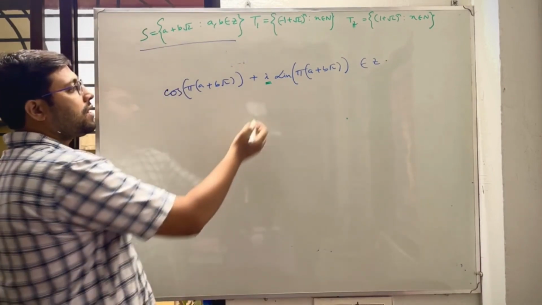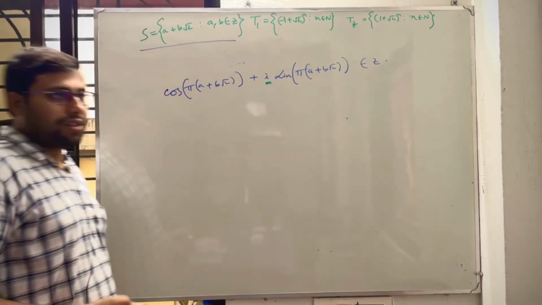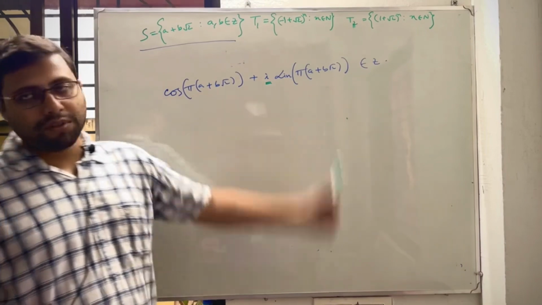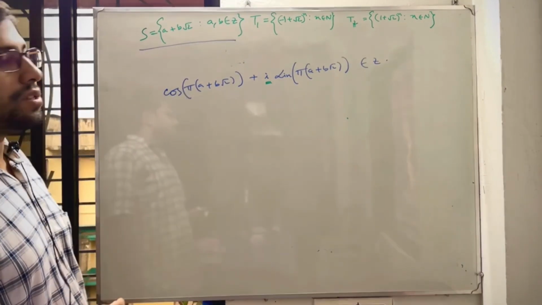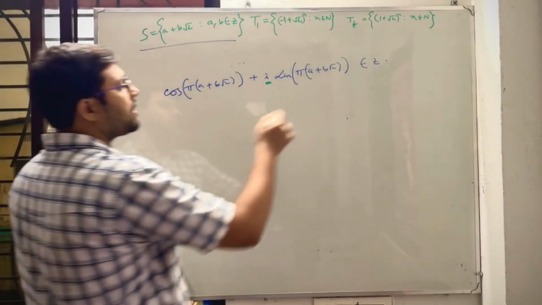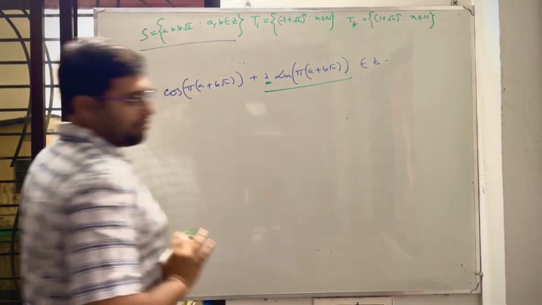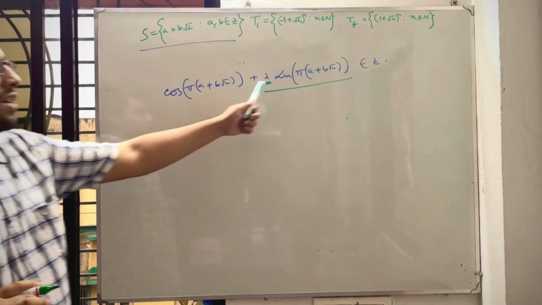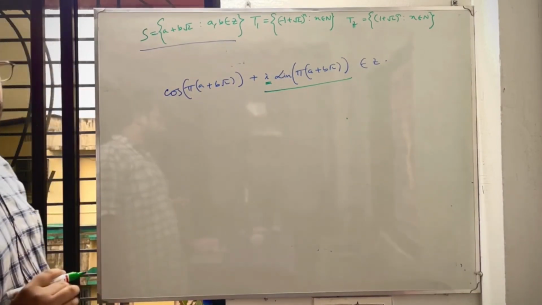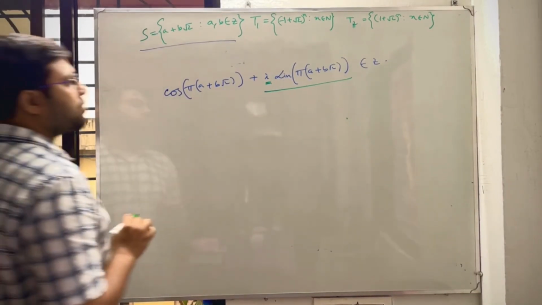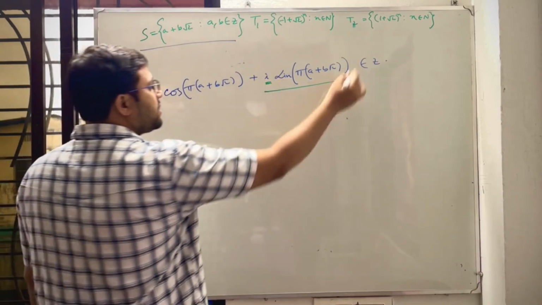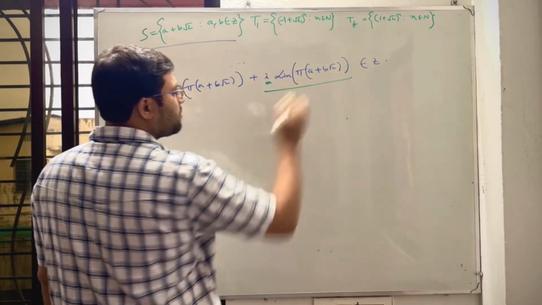This i is a complex number, so this is of the form a plus ib. So this does not belong to Z unless this part is equal to 0, because i is multiplied with that. So I have to make sin(pi(a plus b root 2)) equal to 0.